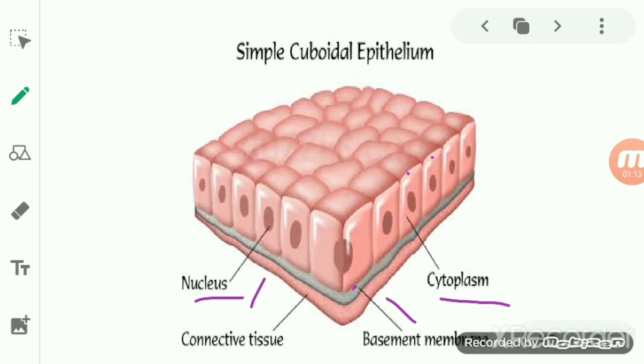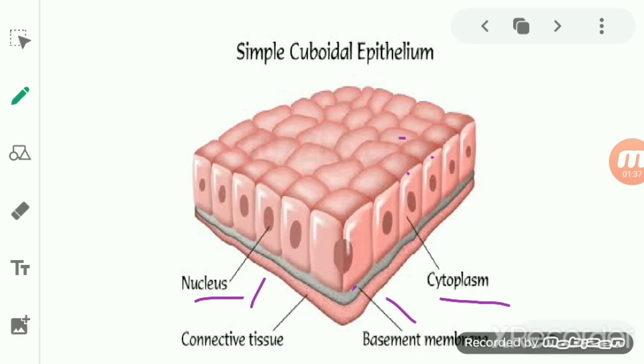So it is hexagonal from the free surface and square in section, or we can say it appears as cube-like cells, and that's why the name is cuboidal. It lies on the basement membrane.